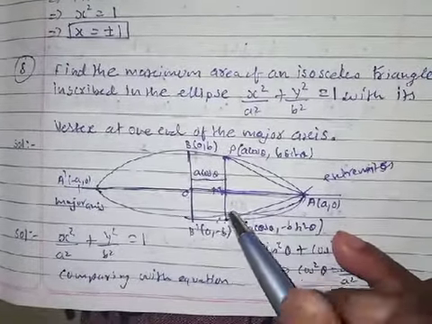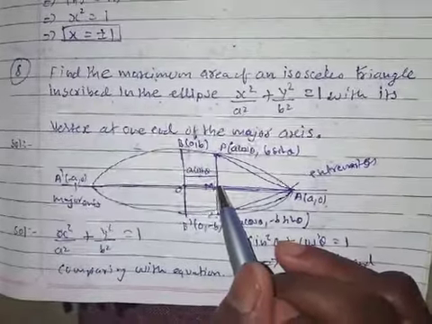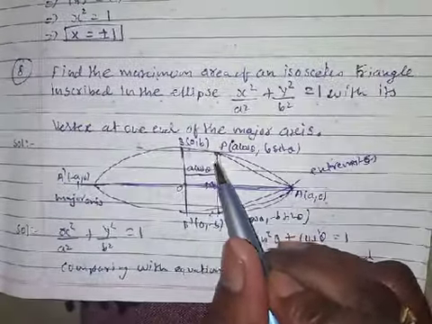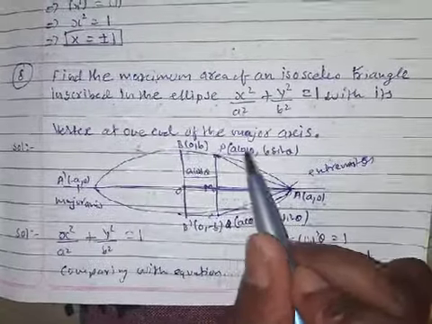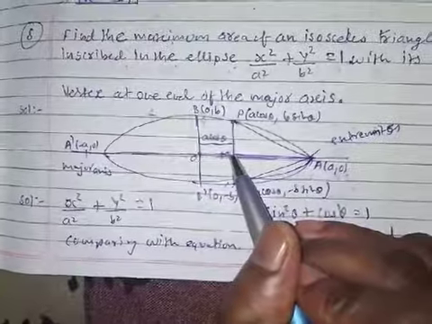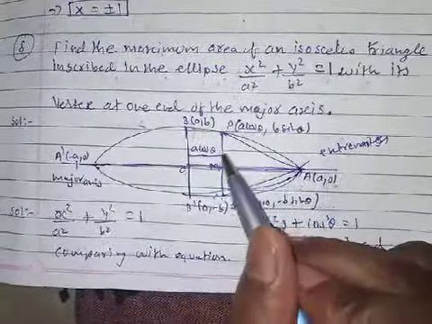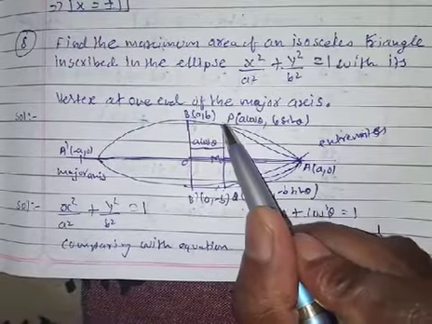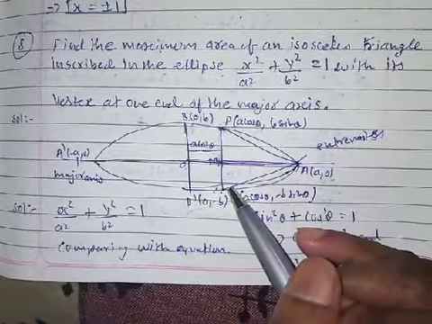What we have to understand is that we are taking a point on the x-axis. So point P, suppose (x, y), where x is a cos theta. We found that, no? Suppose P(x, y) is a point on the ellipse which forms an isosceles triangle.